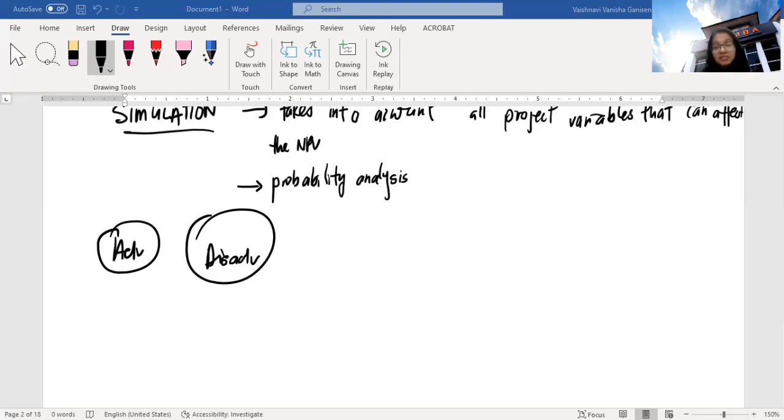I will still have a tutorial session, as usual, and in the tutorial session, I would do a sensitivity analysis question and a probability type question. Maybe I would do about 3 or 4 questions. Let's see how it goes.